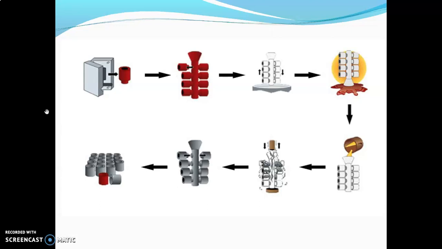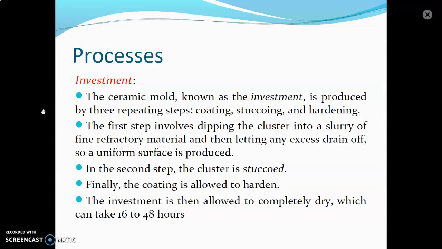Again you get the hollow shell. Then we pour molten metal into the hollow part. Then after allowing some time to solidify, we break the outer material, and ultimately we will get the final product. So that is the investment casting process.